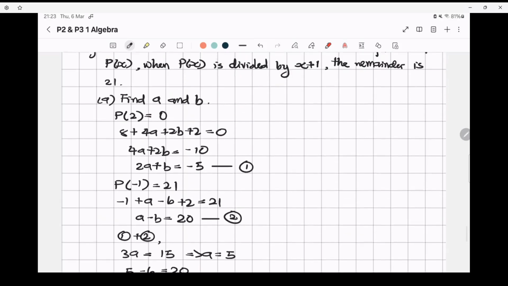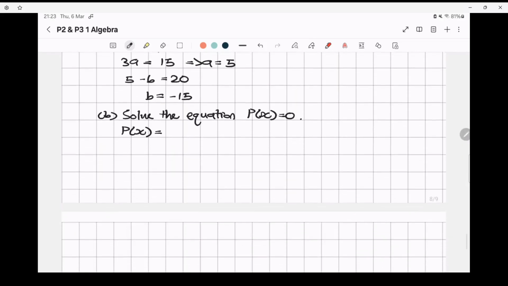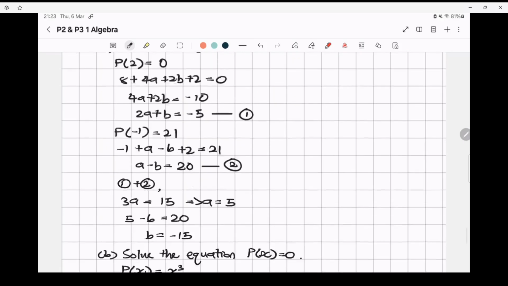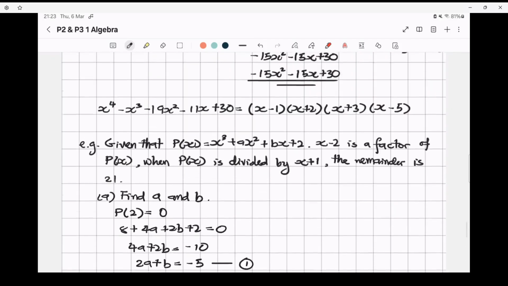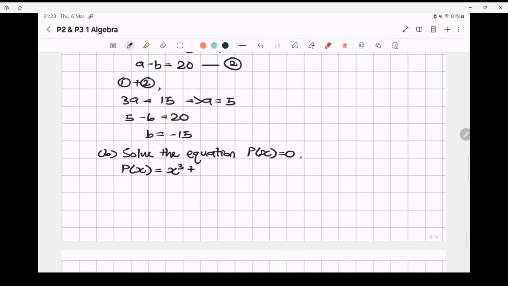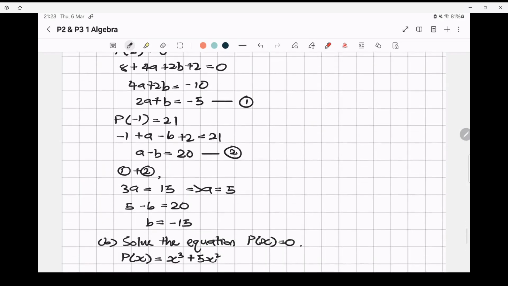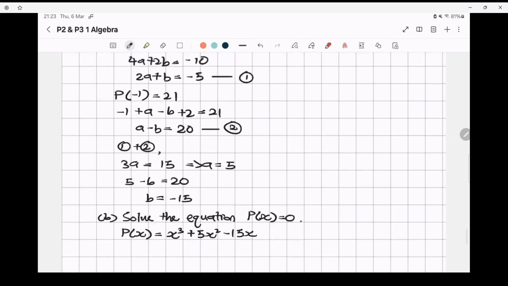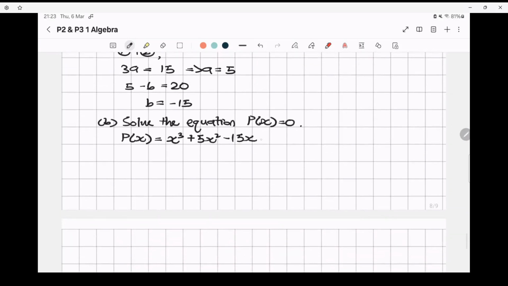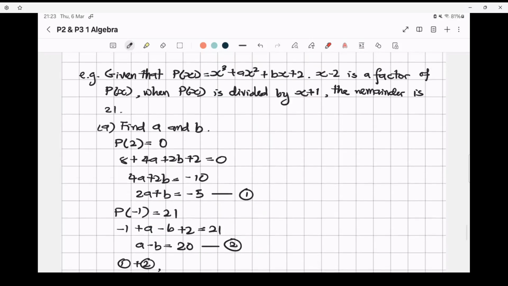So the whole equation will be x cubed, a is 5, plus 5x squared, b is minus 15, minus 15x plus 2. So this is your polynomial, and then you are given one of the factors is x equals 2.